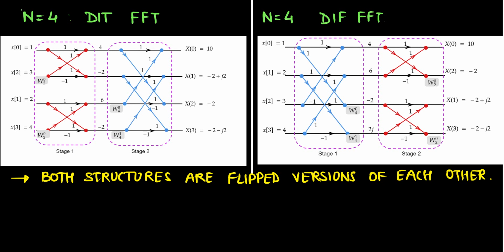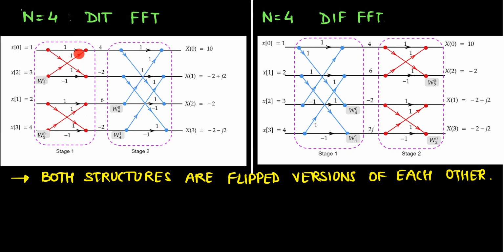How can we say that? If we observe the input of this DIT FFT structure, the input is in bit reversed form and the output is in normal form, whereas in DIF FFT we have input in the normal form and output in the bit reversed form.